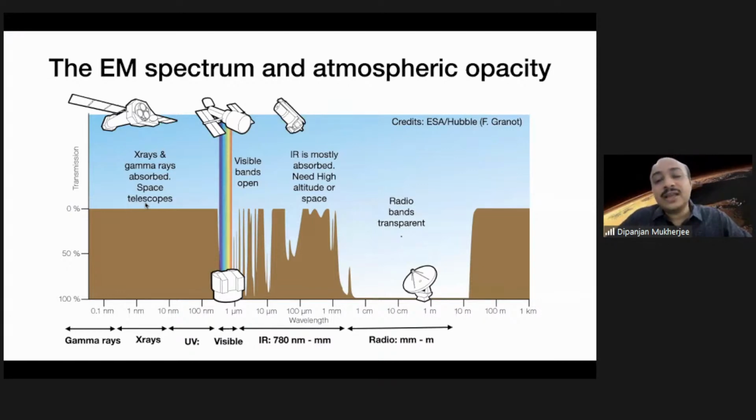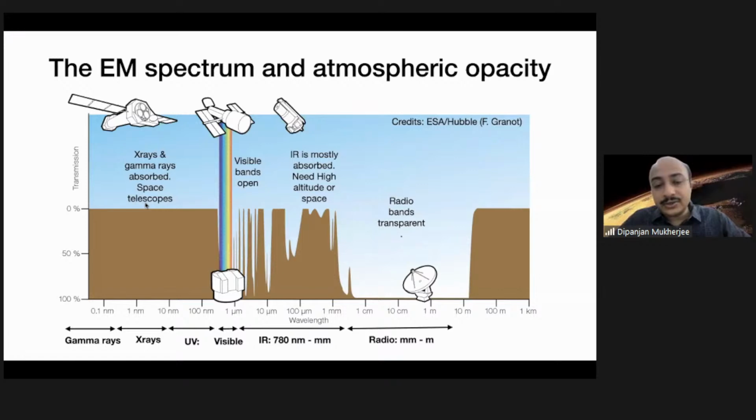There's also a slight shift from quantum mechanics to classical mechanics, because at higher frequencies you treat these as photons, as particles. But as you go to higher wavelengths, or lower frequencies, you start treating them as electromagnetic radiation. So the wave-particle duality also comes in, and that's how you have to design your detectors. So visible bands are open.